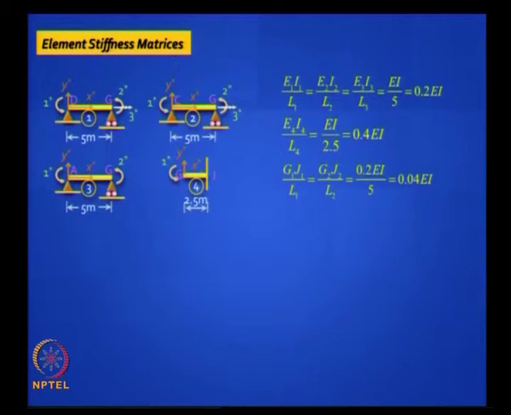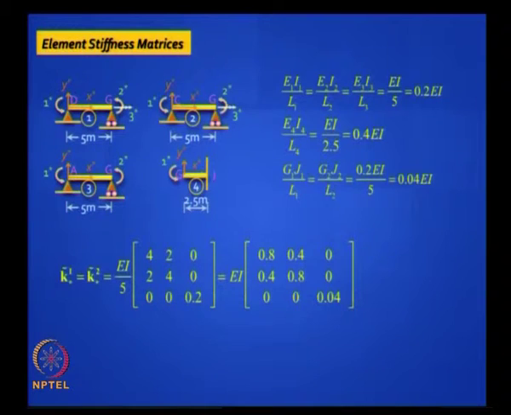So element stiffness matrices are very easy to calculate, you know the formulas, EI by L is known, GJ by L is known. The first two are grid elements, so you can write K1 star and K2 star, a 3 by 3 matrix. The only new item here is the third row and third column. You just put GJ by EI value, which turns out to be 0.2. You can expand it.